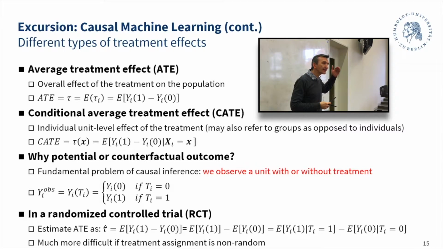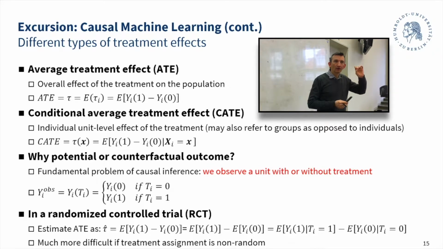And CATE means that we consider that covariates, characteristics of our units, might have an effect on the magnitude of the treatment. A certain drug might work more or less effectively depending on how old you are. For example, in personalized medicine, we look at CATEs, or CATE estimators.